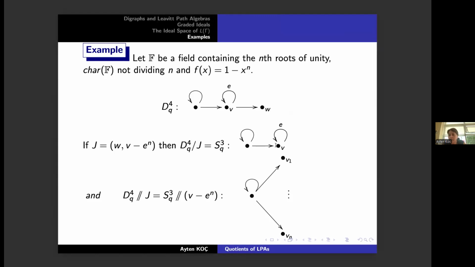So this one is the canonical polynomial generator. For every canonical polynomial generator, the corresponding cycle has no exit in Γ/J. Okay, this one gives the canonical polynomial generator for the ideal J. There is no exit. Okay.